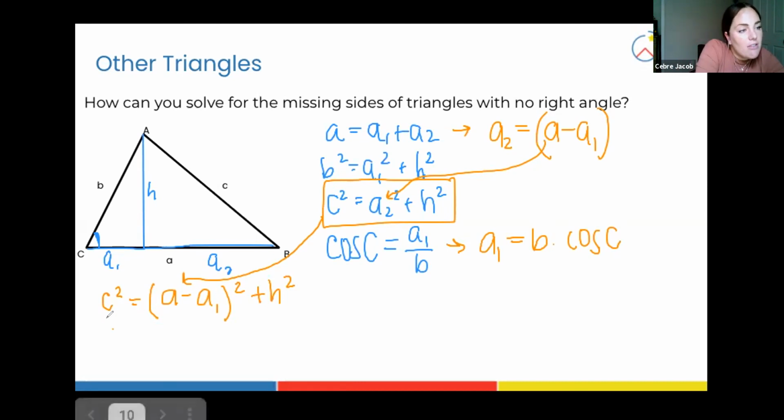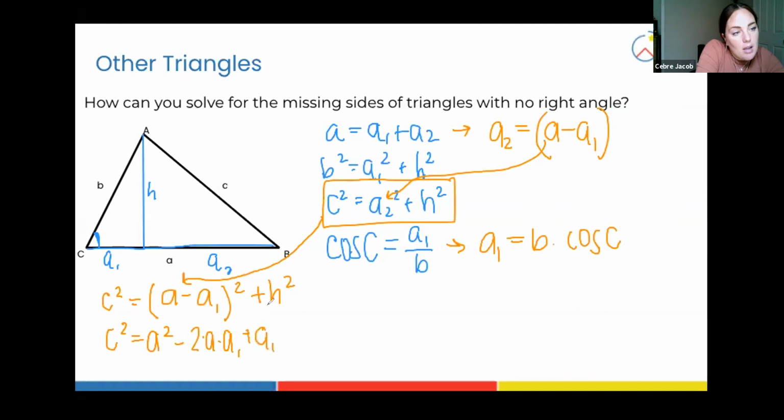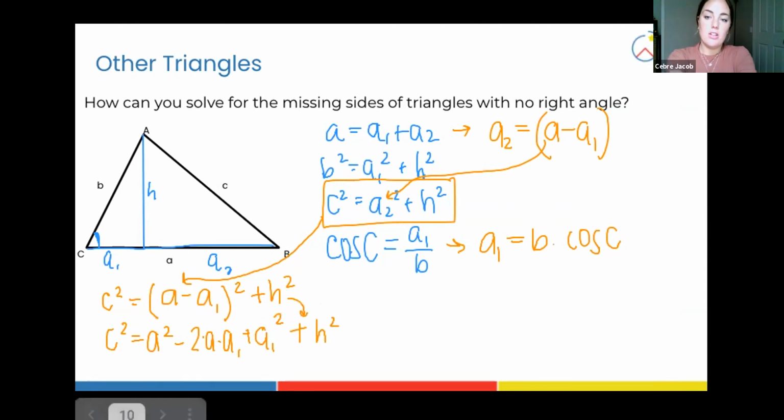So we're going to have C squared equals A squared minus 2 times A times A1 plus A1 squared. And then that H squared comes down. So I just FOILed it. You guys remember FOILing? If you don't, we can do reviews.